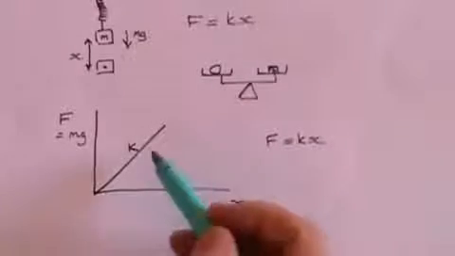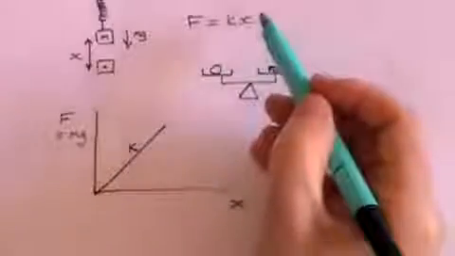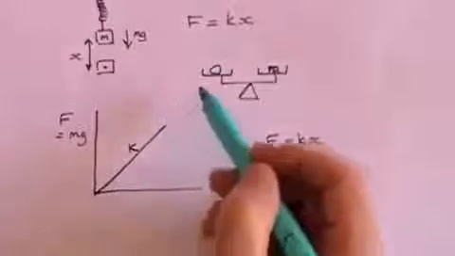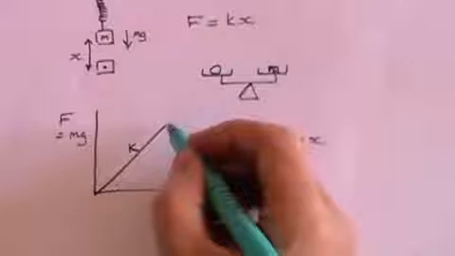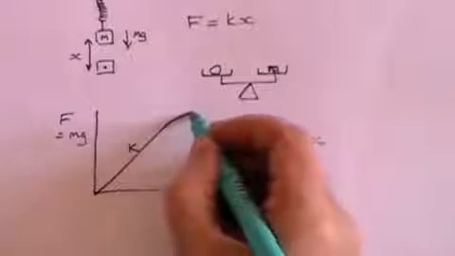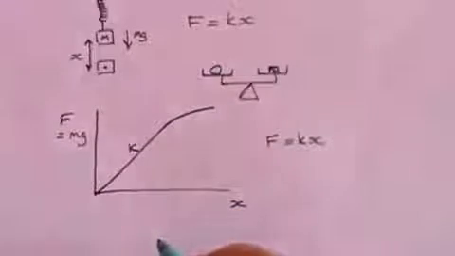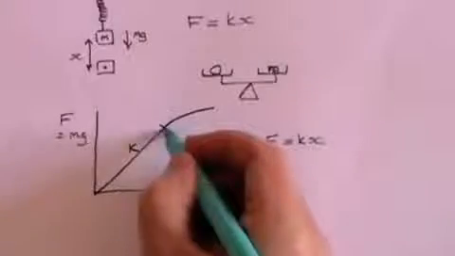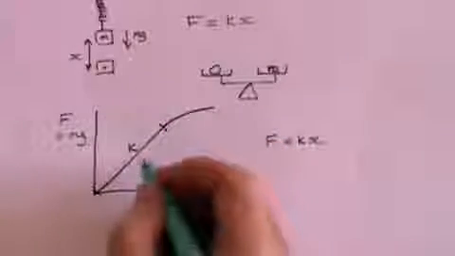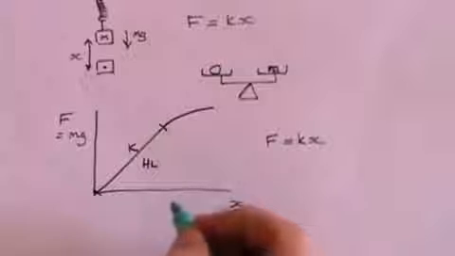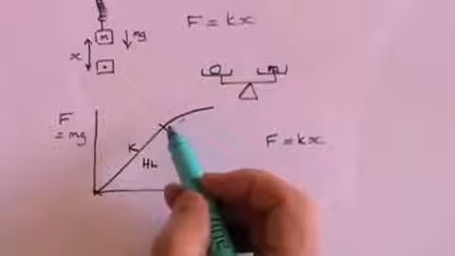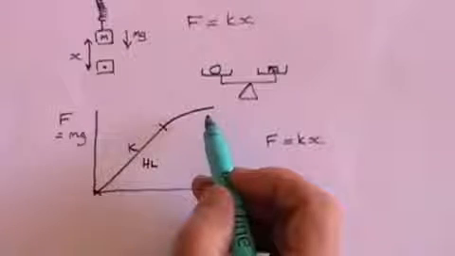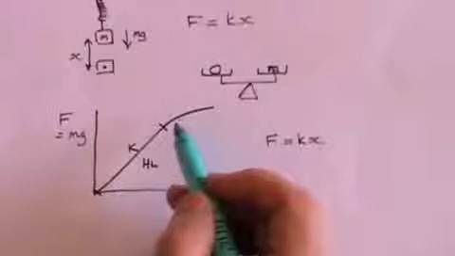But you can't keep doing this indefinitely. Sooner or later, if this is elastic, the elastic will break, or if it's a spring, the spring will become deformed, and what you find is that the curve changes. And so only in this region have you got Hooke's law. Once you get beyond the point at which the spring deforms or the elastic breaks, you're no longer in the Hooke's law region.